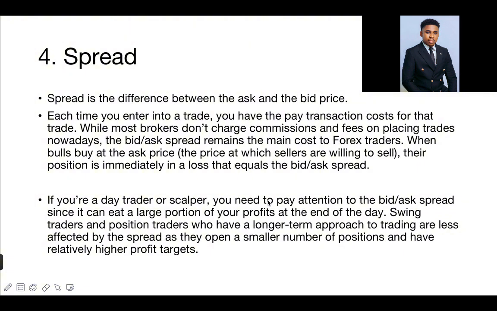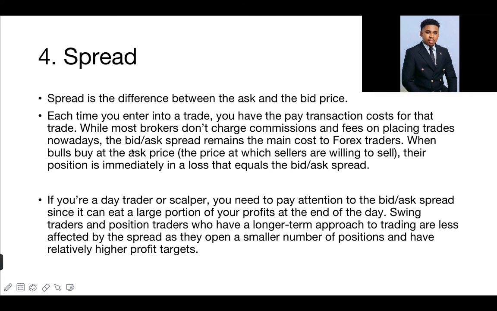So now let's move on to spread. Now spread is the difference between the ask and the bid price. Each time you enter into a trade, you have to pay transaction cost for that trade, that is commissions. But while most brokers don't charge commissions and fees on placing trades nowadays because of the high competition in the brokerage industry, the bid and the ask spread remains the main cost to forex traders and the main way brokers make their money, because brokers make money in two ways.